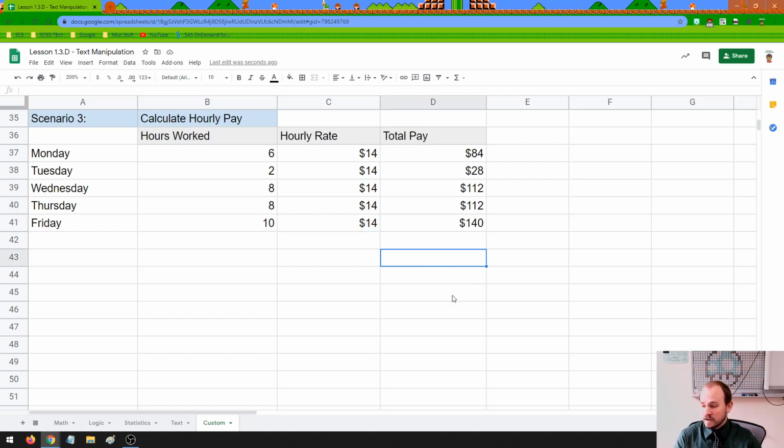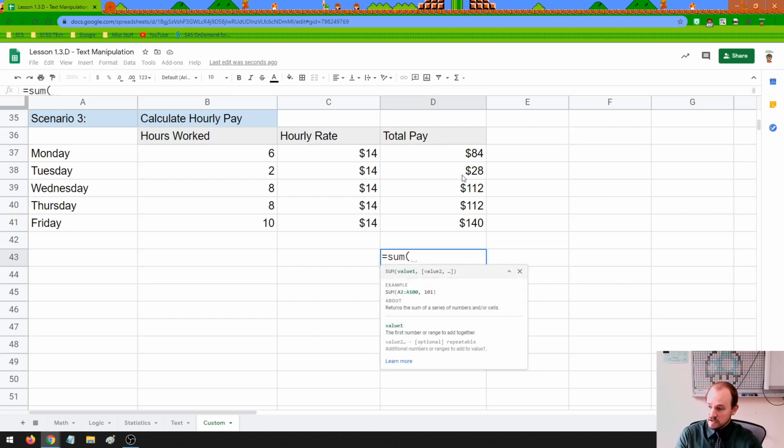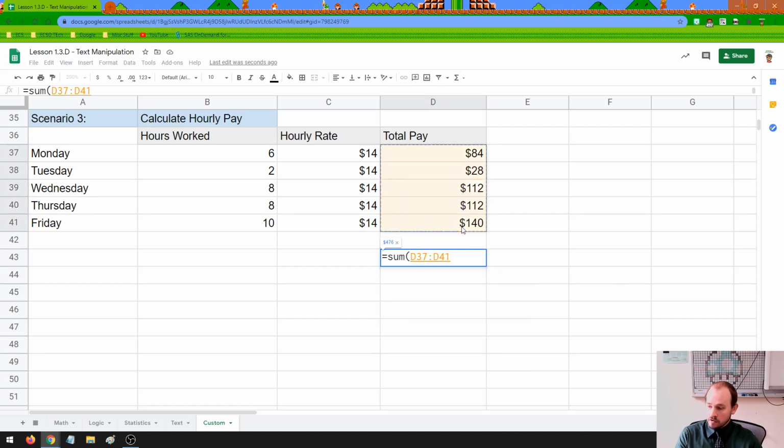And if we wanted to figure out how much we made for the entire week, we could use an old formula that we know, equals sum, parentheses, and we can identify all of those to figure out how much money we earned in a week. If we wanted to make it a custom formula instead, we could also do that.